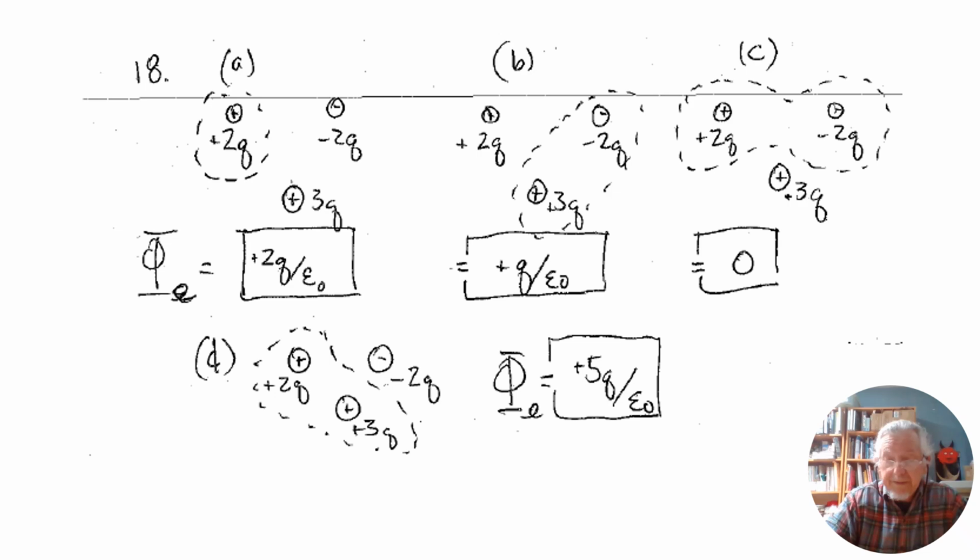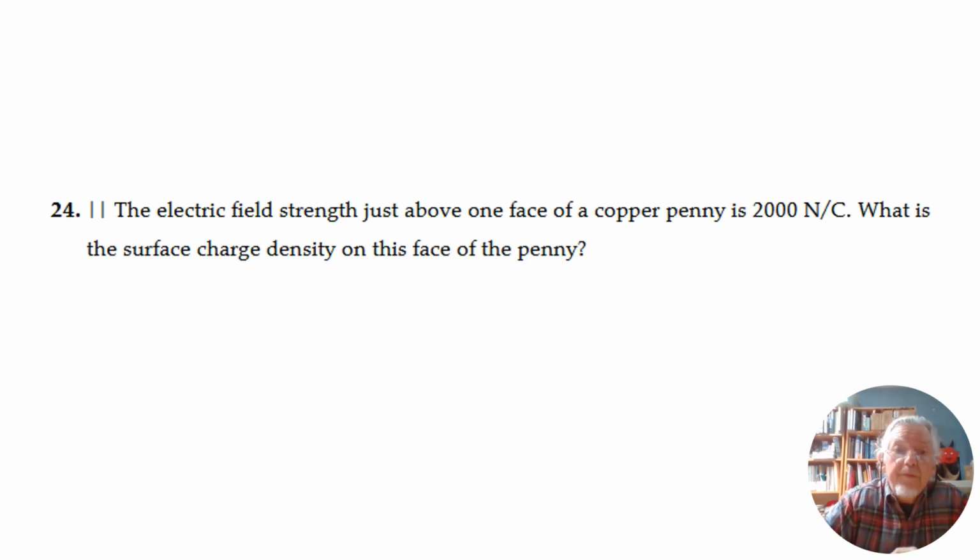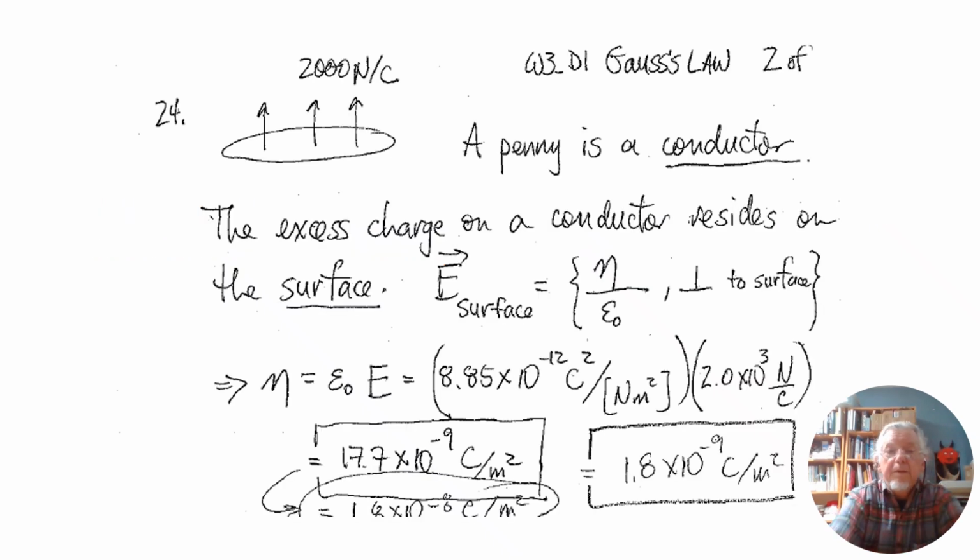The electric field strength just above one face of a copper penny is 2,000 newtons per coulomb. What is the surface charge density on this face of the penny? Well, here's a penny, here's the field.